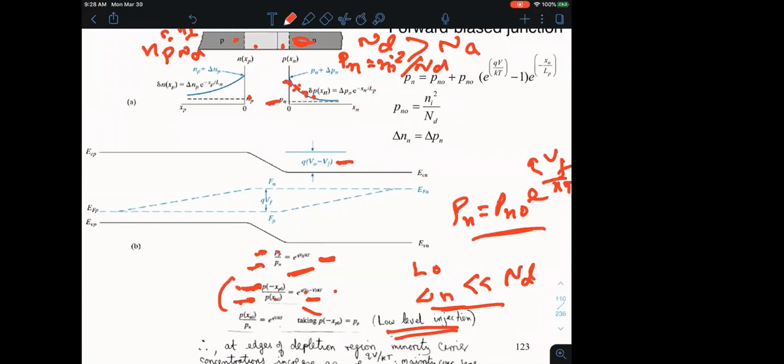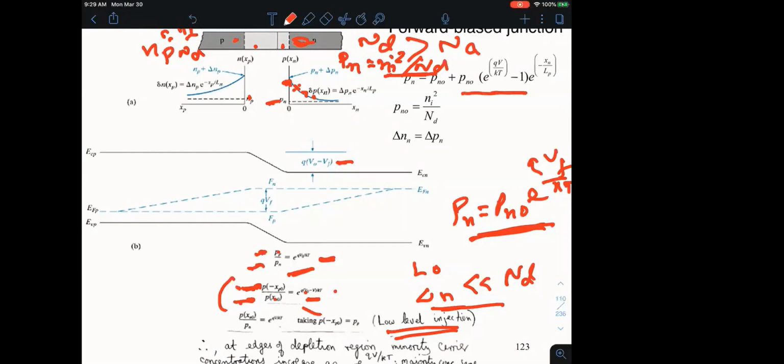So in this diagram, the minority carrier concentration at the edge of the diffusion region will increase by this exponential factor: Pn naught, where Pn naught is Ni squared over Nd times e to the power qV over kT.